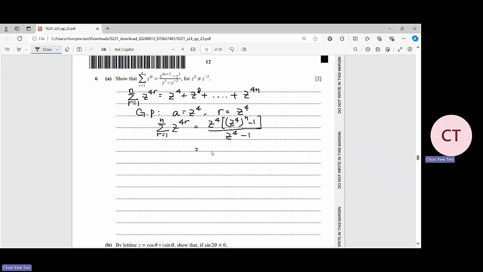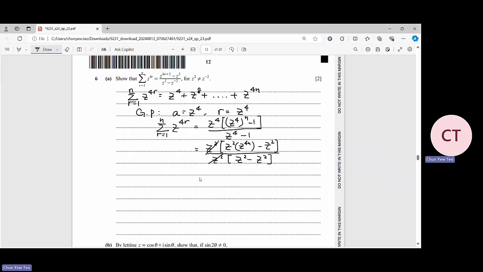So what you can do here is that we factorize the z square out. And here we get z square, z power 4n minus z square. Then over here, you factorize the z square out for the denominator. You will get this one as z square minus z to the power of negative 2.